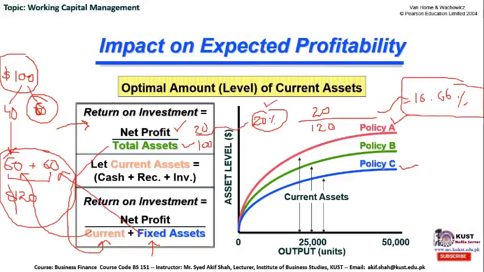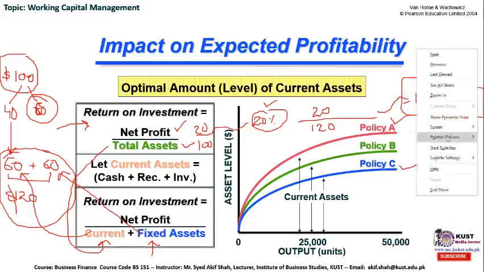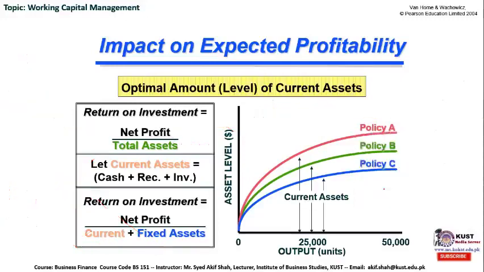After the increase in the level of current assets, our profitability has been reduced to 16.66%. So let's conclude the impact of current assets on profitability. When there is a high level of current assets in the company, as in policy A, the profitability of the company will be lower.